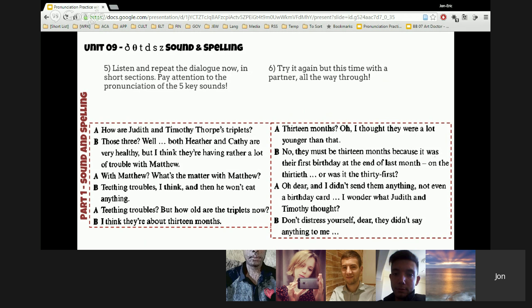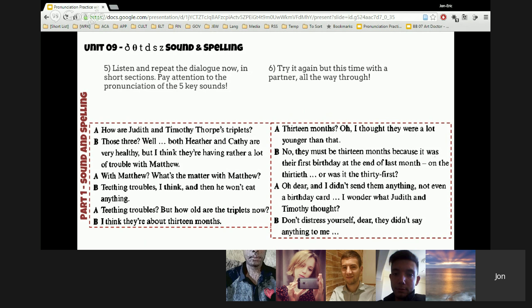So the voiced TH looks like this, and the voiceless looks like this in the chat window, if you can see that. Timothy and Thorpe are both voiceless. Judith, voiceless. Those, voiced. You'll see. Okay? So, sorry to interrupt.